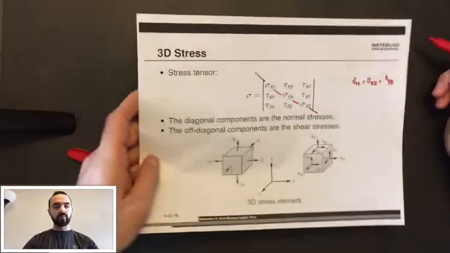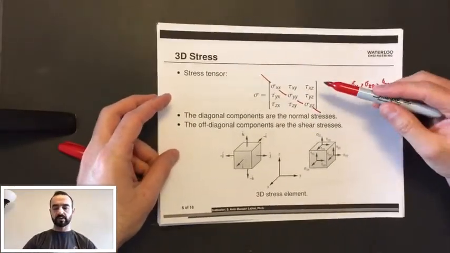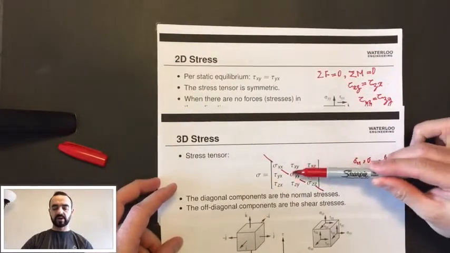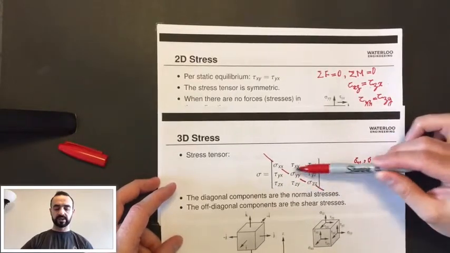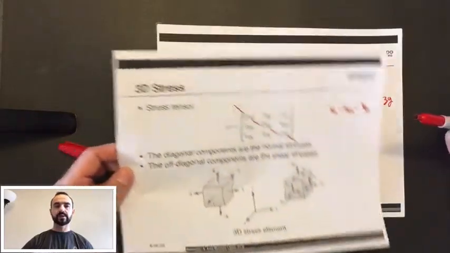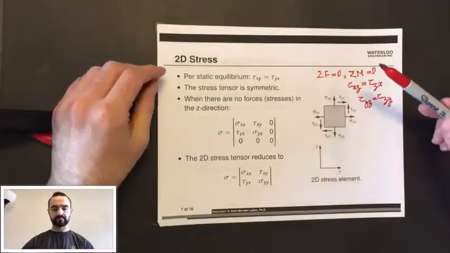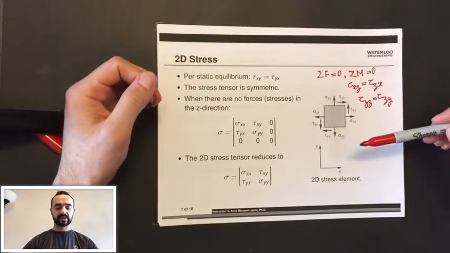So if we go back to our 3x3 tensor, we realize that having these components equal to each other makes this tensor symmetric. So this stress tensor is symmetric.